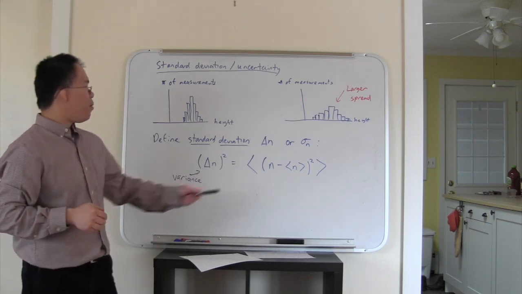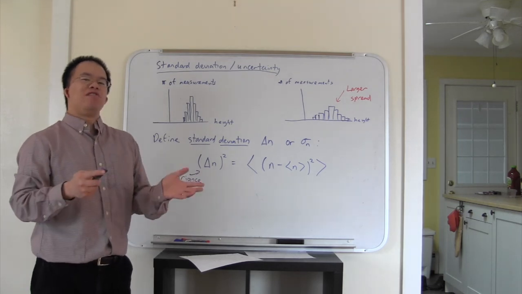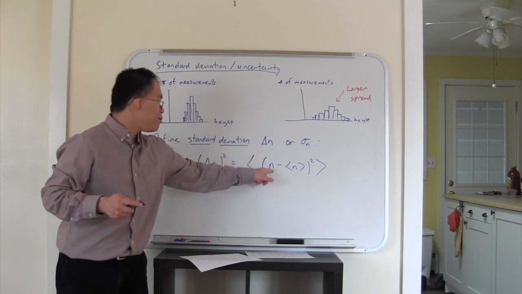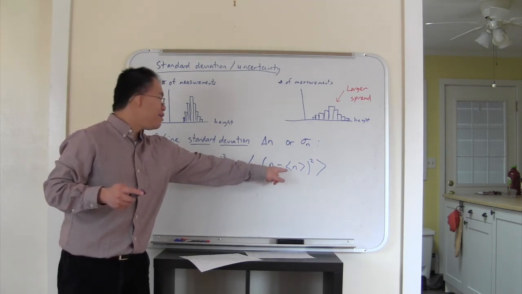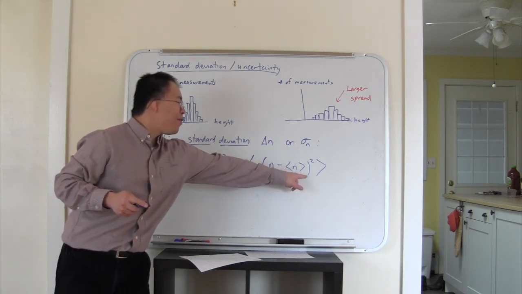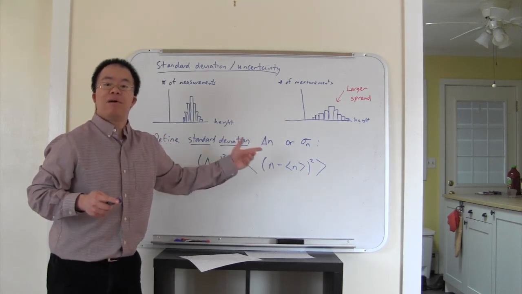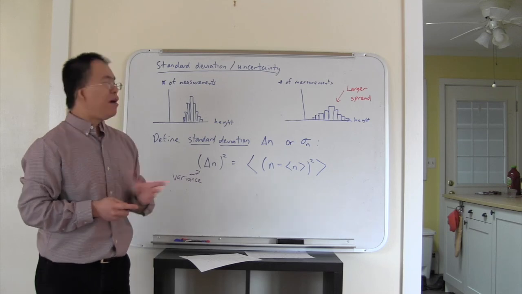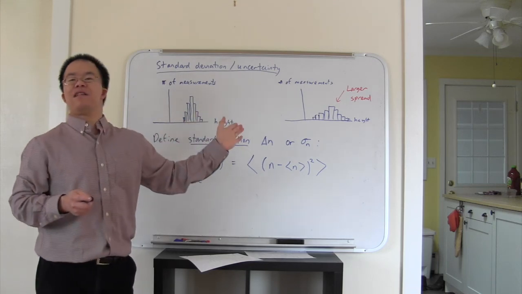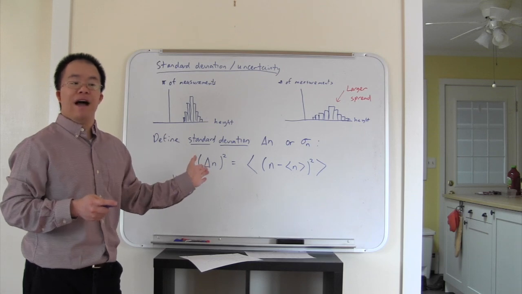Now it's important to think about why we define it this way, right? We're looking at the average sort of deviation from the average value. So we're going to take n and see how far it is from the average. But why do we want to find the average of this entire thing squared? Well, if you think about it for a little bit, you might realize that if I have a nice distribution like this, I'm equally likely to be bigger than the average as I am to be smaller than the average.